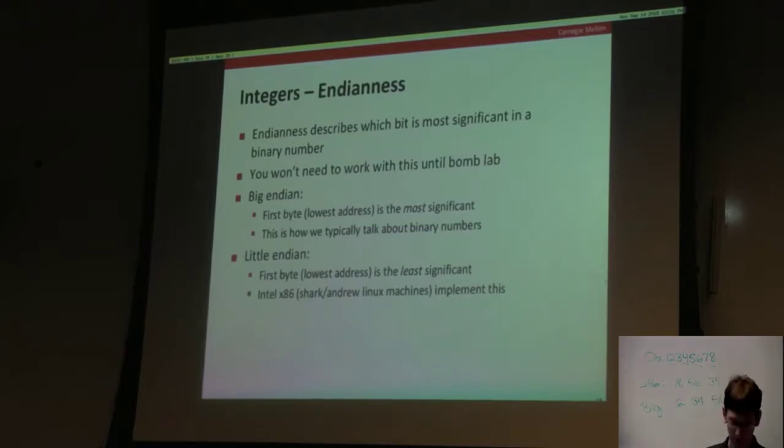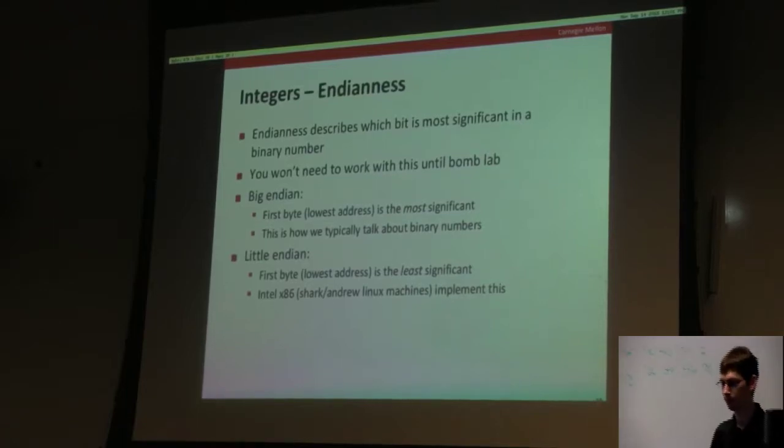I think big endian is used by ARM. So if you're playing with your cell phone at the bit level, you'll get to see this, which is a little bit easier to read based on what we're used to. Okay, so does that make sense, little endian versus big endian? And you'll see that again very shortly in BombLab.